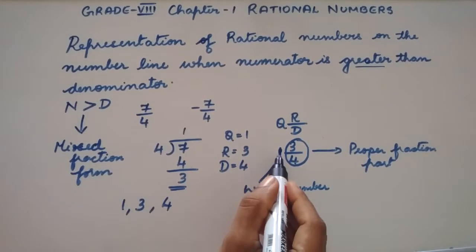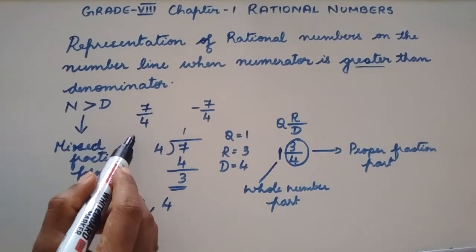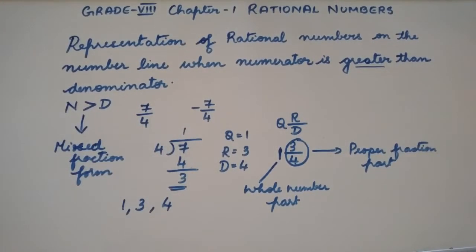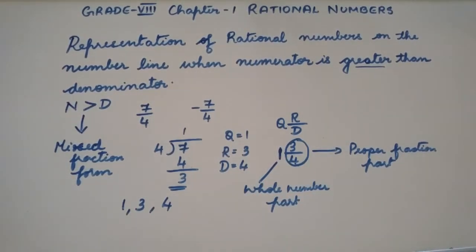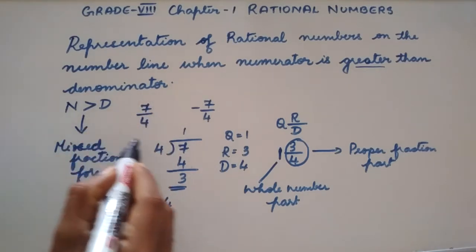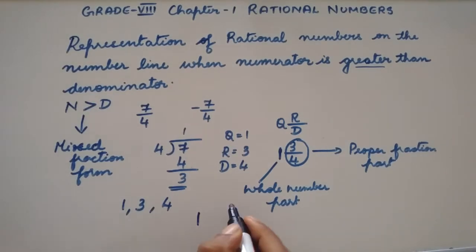That is, 1 tells us the rational number 7 by 4 is between 1 and the next whole number. Which is the next whole number after 1? It is 2. So 7 by 4 lies somewhere between 1 and 2.